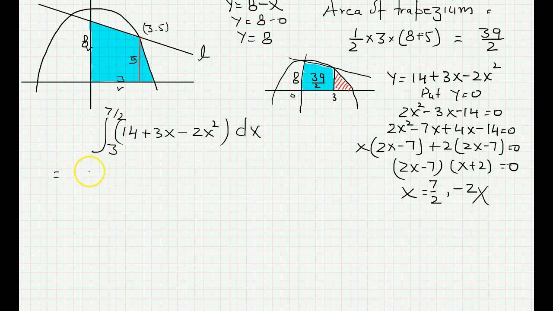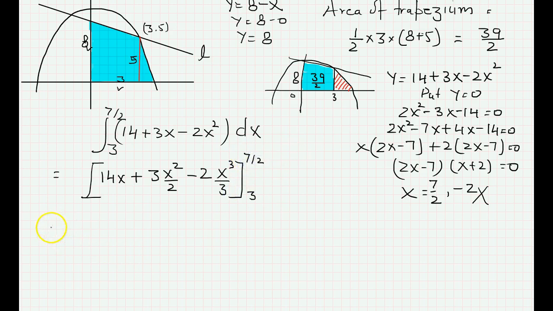So we integrate 14, that is 14x, plus 3, integration of x is x square over 2, minus 2, integration of x square will be x cube over 3, and it is from 3 to 7 over 2.